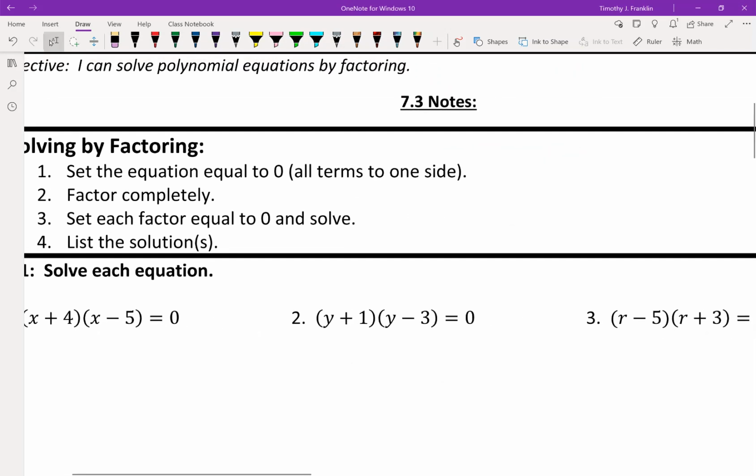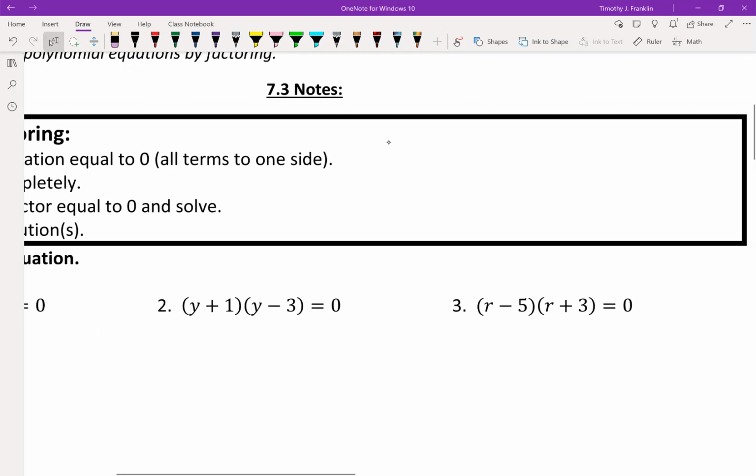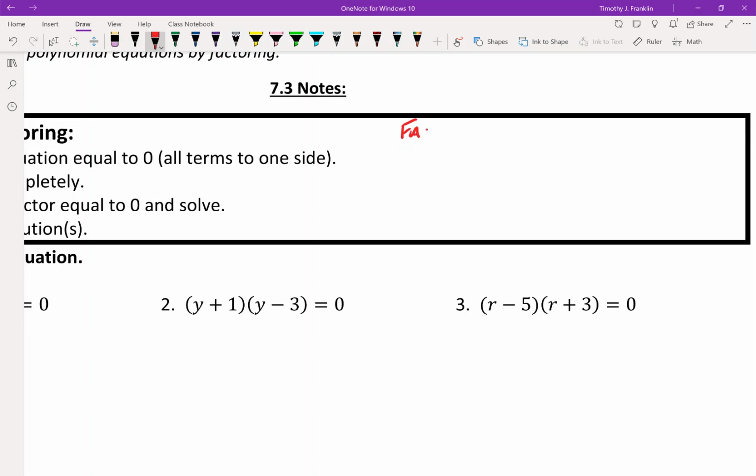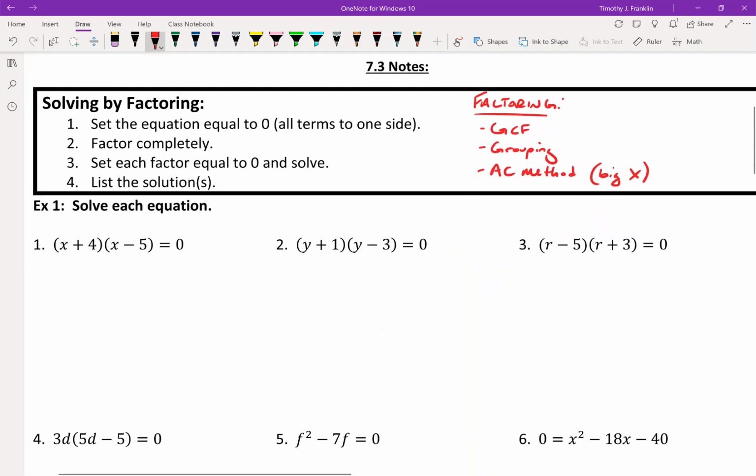And so the factoring methods that we have learned are GCF, grouping, and the AC method, which you may know as big X. So we'll use one of those methods.